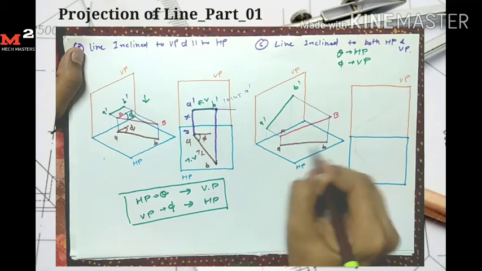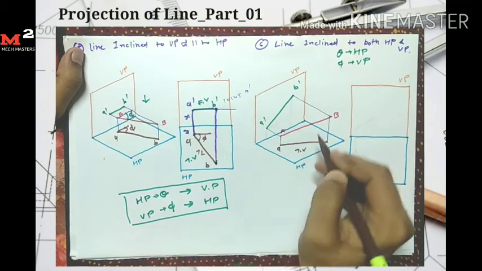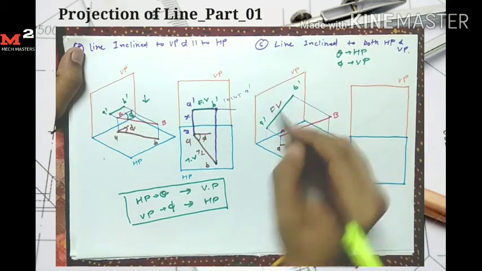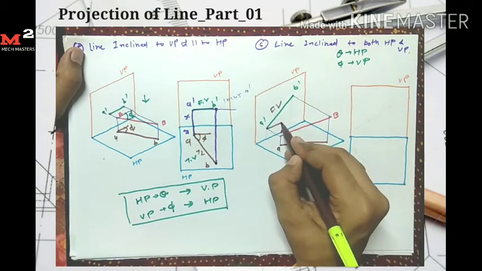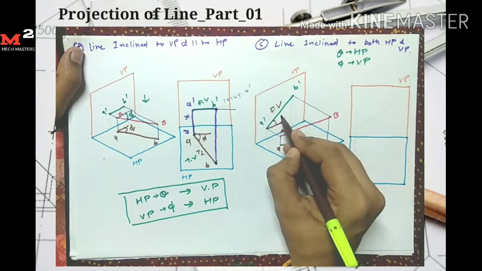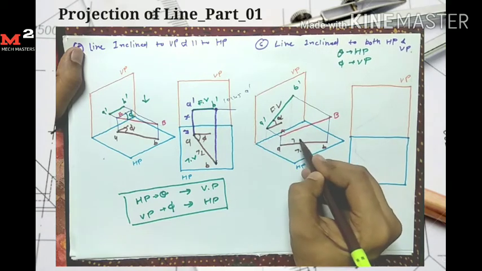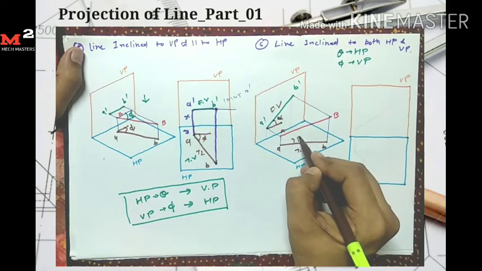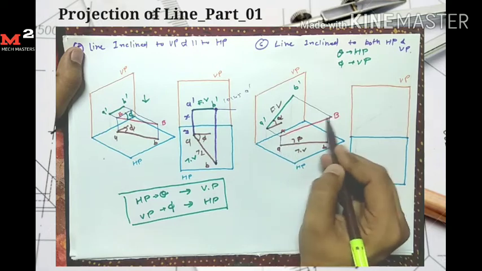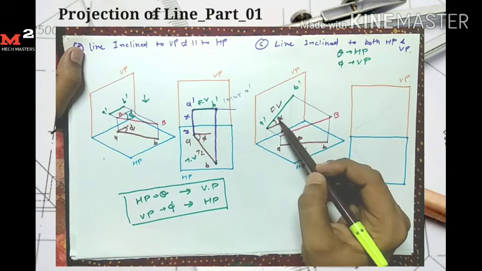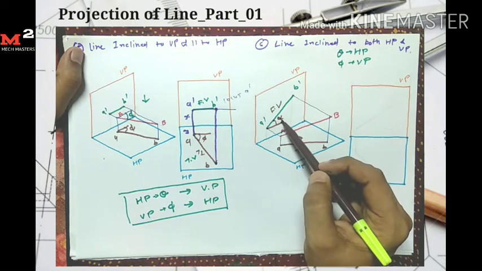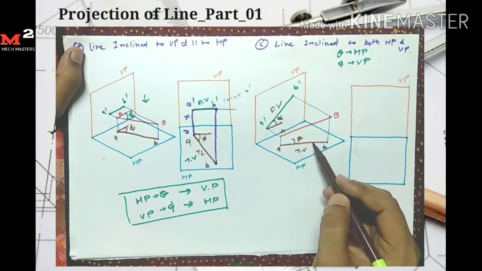So this one is my top view and this one is the front view. Here this angle is not theta, but the apparent angle alpha, and this angle is the apparent angle beta, because the line is not parallel to VP, so this angle is not equal to theta.